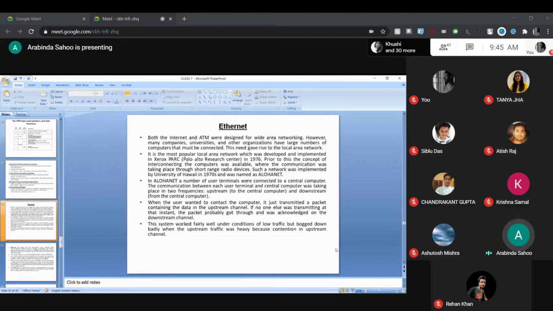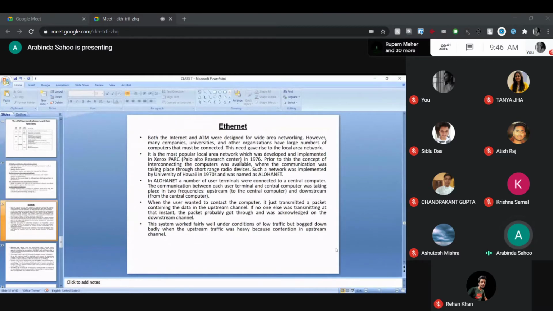Palo Alto Research Center, that is Xerox PARC, in 1976. The first local area network, that is your Ethernet, comes into the picture. It was developed and implemented in 1976, and the basic objective of this local area network, known as Ethernet, was to connect all the internal computers or computing peripherals of Xerox PARC.